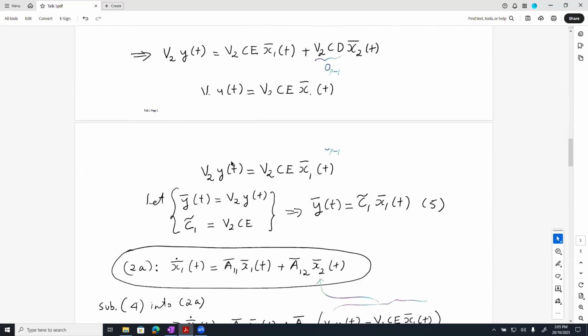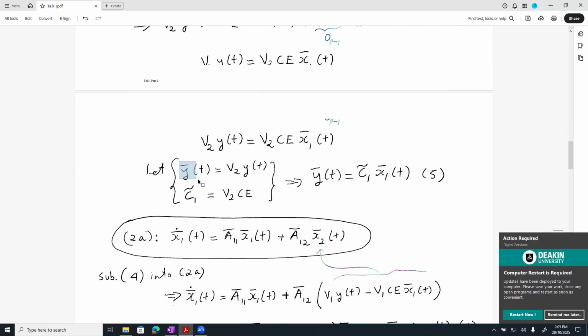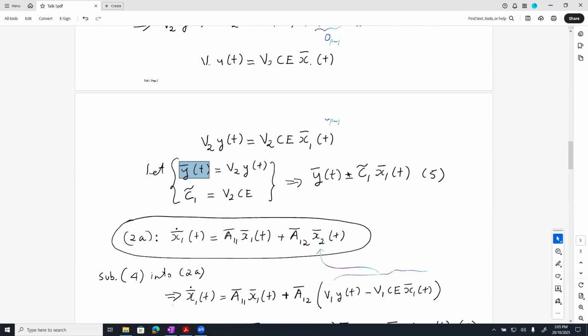And of course, that means that y bar itself is also a known measurement vector. And then if we define V2C and call it C1 tilde, then we have this equation 5 here. It is the output measurement vector in terms of the reduced order vector x1 bar.